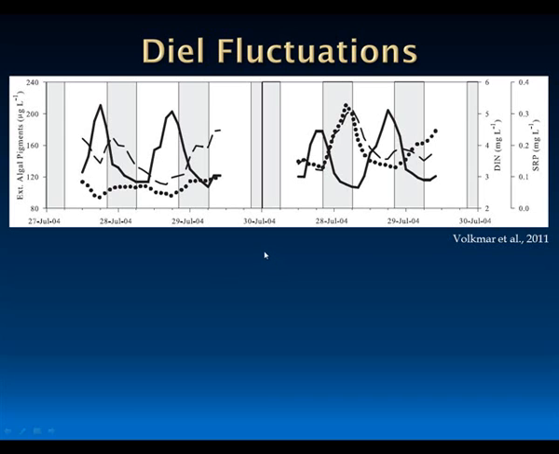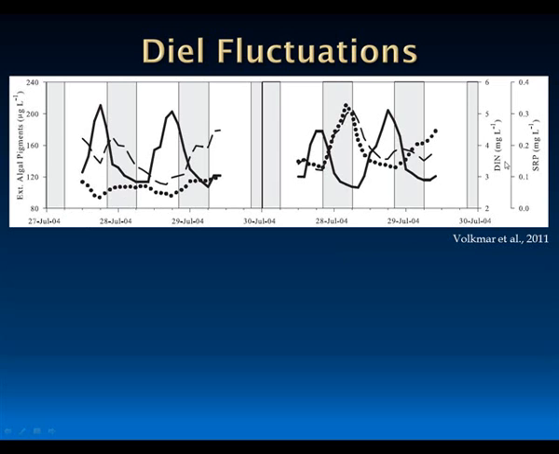And so this is the paper that you're going to read for this week, and we can see that these grayed areas, this is a 48-hour experiment, and these grayed areas are the nighttime, and then the lighter areas are daytime. And on this first y-axis, we've got algal pigments, and that's the solid line here.